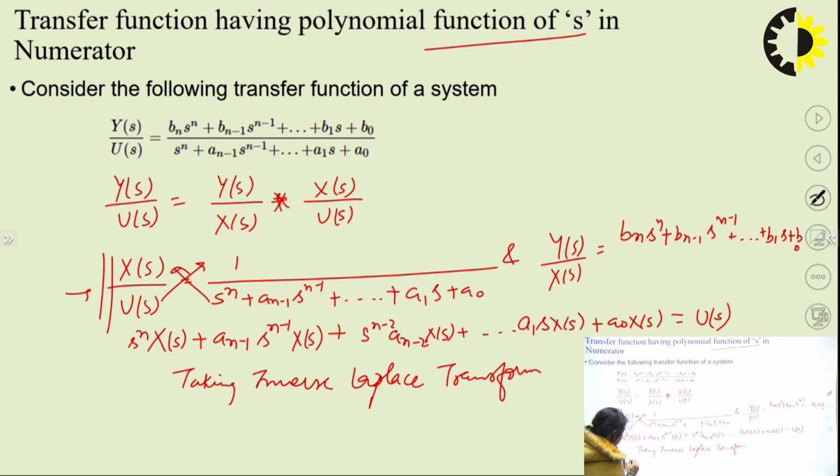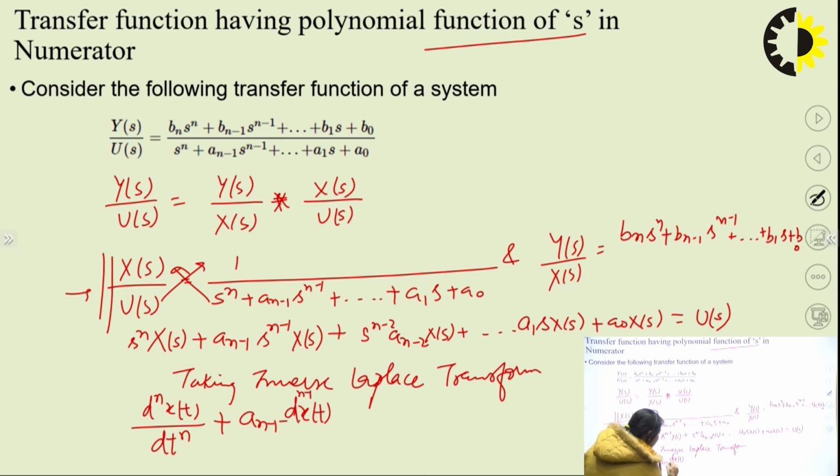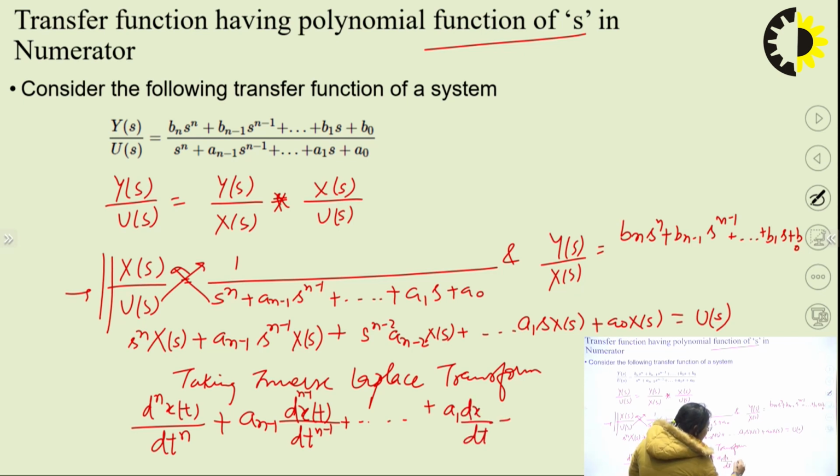So this will be differentiation of x(t) nth time, right, plus the constant a_(n-k1) differentiation of x(t) n minus k1 times, and up to so on, and at last I am having a1 into dx by dt plus a naught into x(t) will be equal to u(t), right?